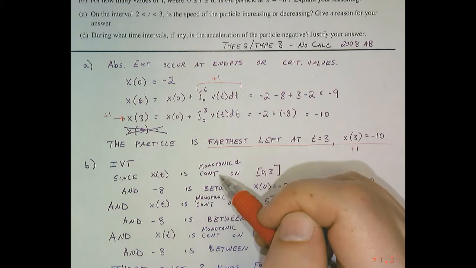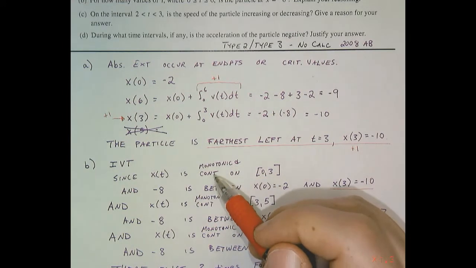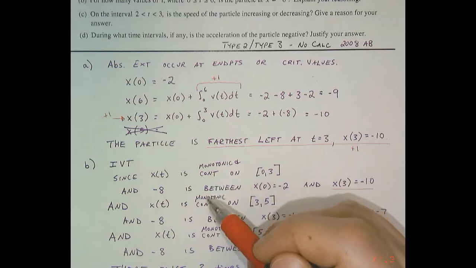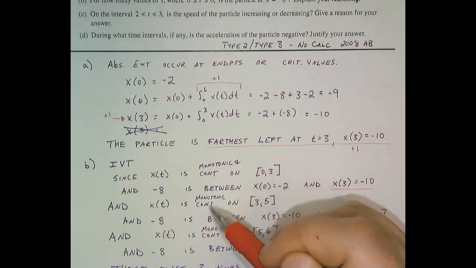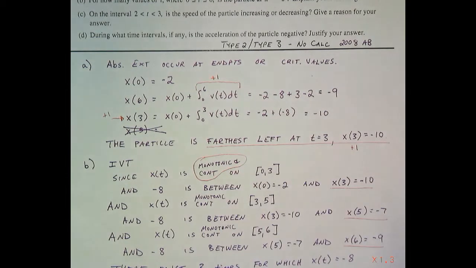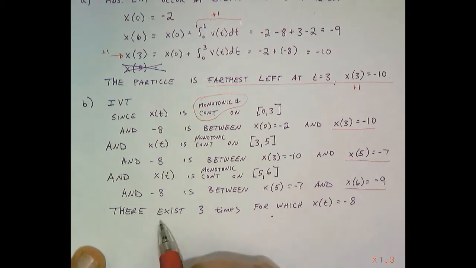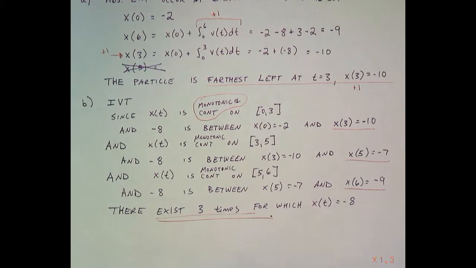So continuous and monotonic motion. Perhaps if you use the word increasing or decreasing, that might also qualify for describing the motion, but describing the motion is part of that point. And then the last one is the conclusion, which is there exists 3 times. So that's a pretty wordy one.